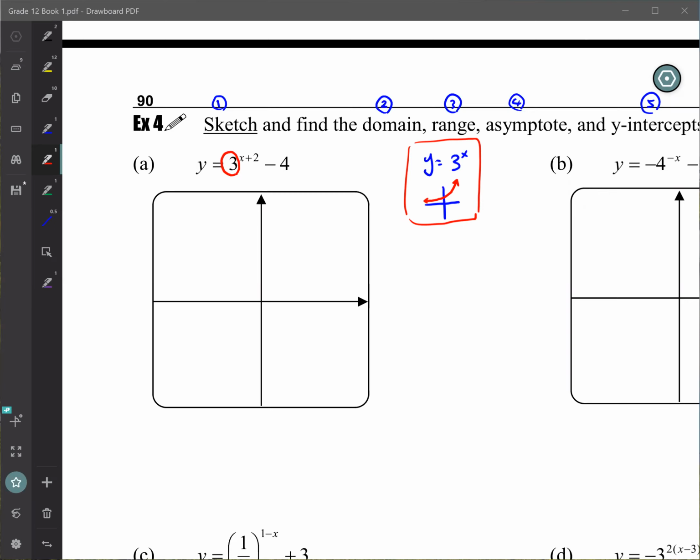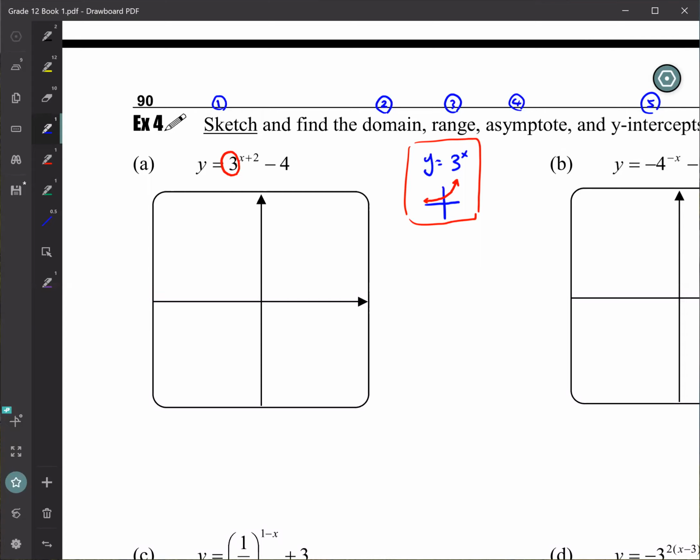Cindy, what does plus 2 and minus 4 do to the graph? I'm not sure. Okay, anyone knows? Plus 2, right?